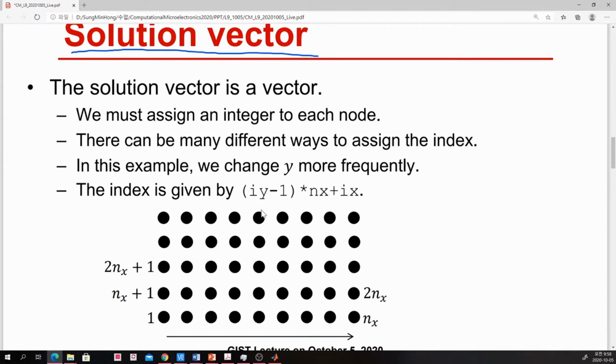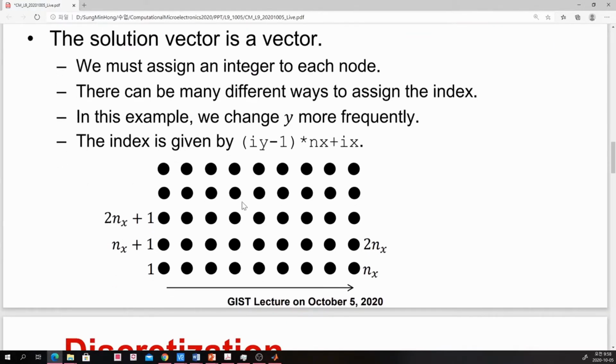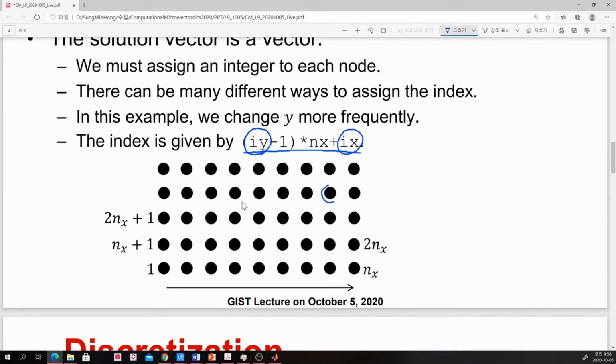So in this example, I just introduce an indexing method based upon our indices IX and IY. If we have a certain ix, iy point, then we will label it. For example, this is 1, and this is number 9, and this is 10, this is 18, 27, 28, something like this. So therefore, that should be 35.